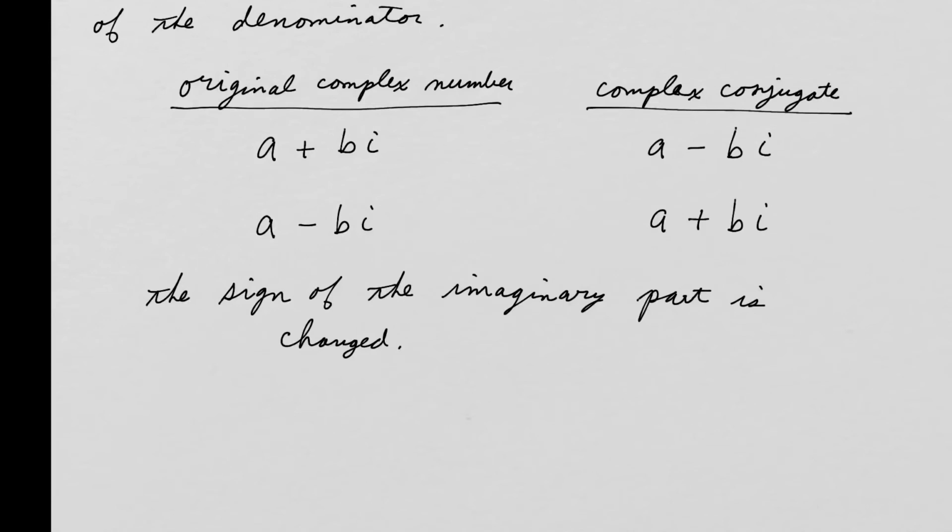Well, let me explain that. What's the use of the complex conjugate? Well, it turns out if you multiply a complex number by its conjugate, it ends up being just a real number. The i's disappear.